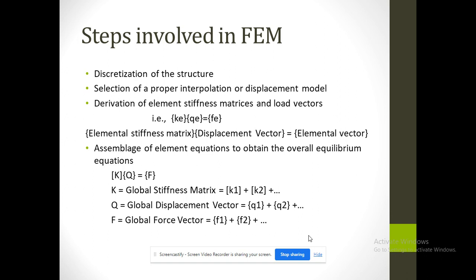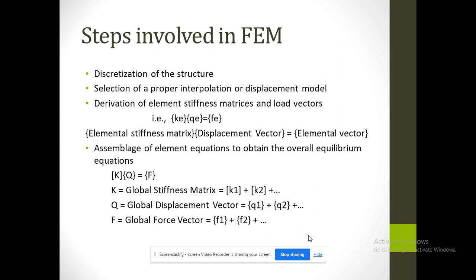Second step, selection of proper interpolation or displacement model. Since the displacement solution of a structure or continuum under any specified load conditions cannot be predicted exactly, or it is an unknown parameter, we assume a suitable solution within an element to approximate the unknown solution.